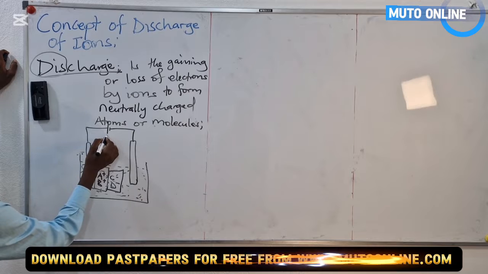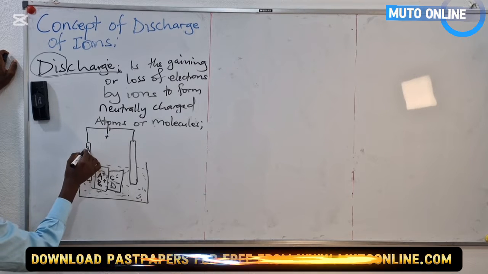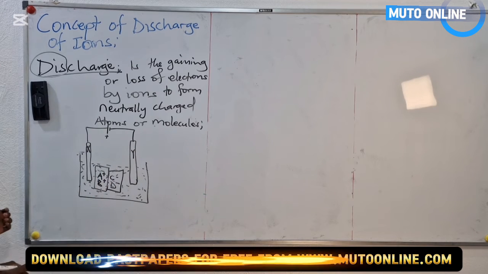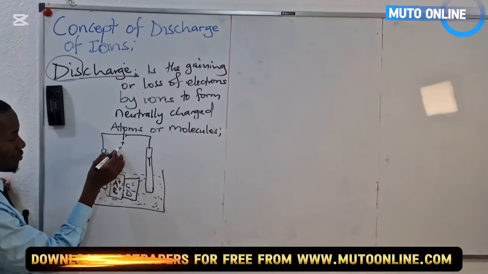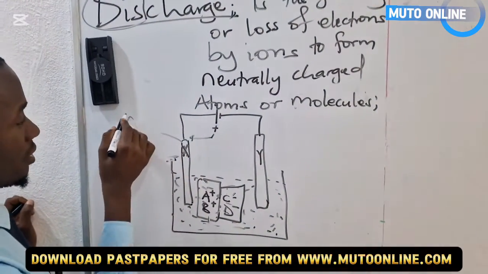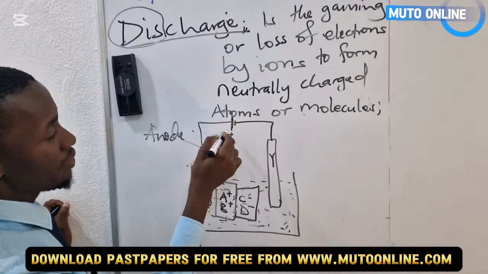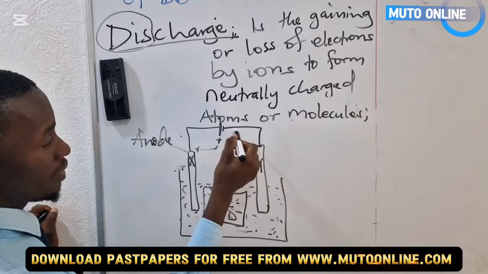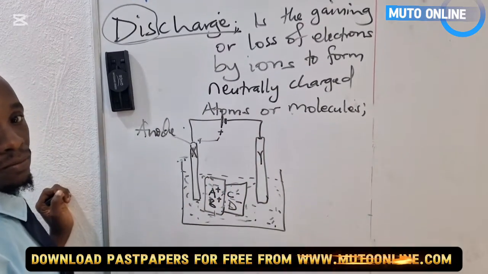So this is a positive terminal connected to this electrode. Let's call it electrode X, and this is electrode Y. So this electrode X is a positively charged one, meaning that this is an anode. Why? Because in the electric circuit, it is connected to the positive terminal. And this is the cathode, since it is connected to the negatively charged terminal.